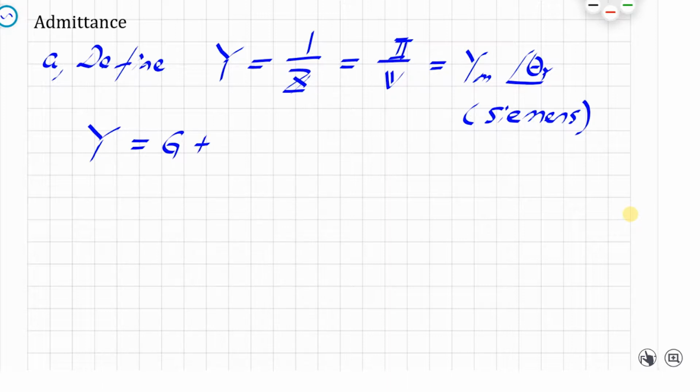We break it into G, which is conductance, and the imaginary part B, which we call susceptance. So this B is called susceptance, and the G is conductance.